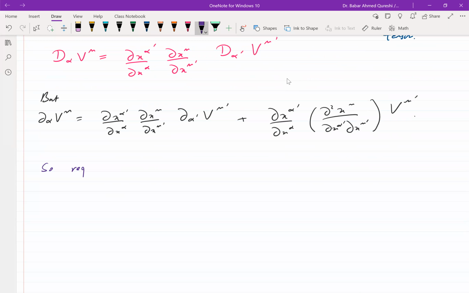So require that this guy has a piece mu dash v beta.